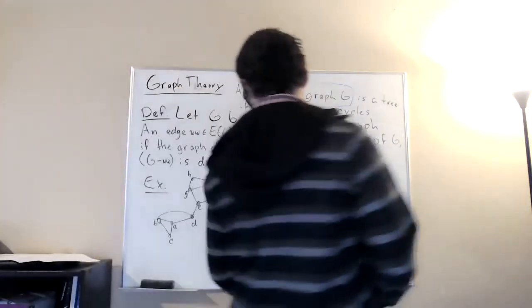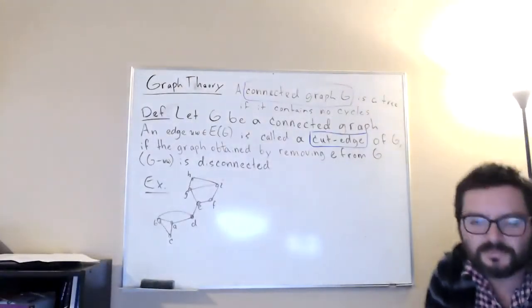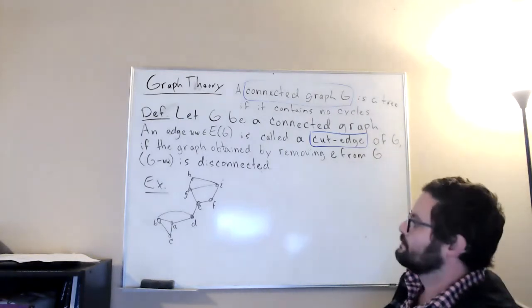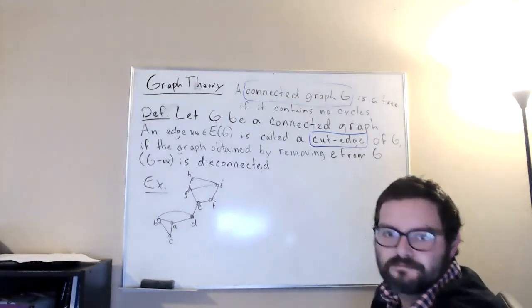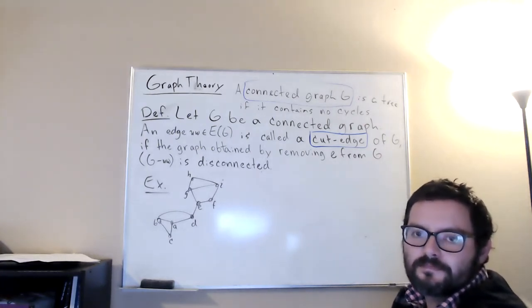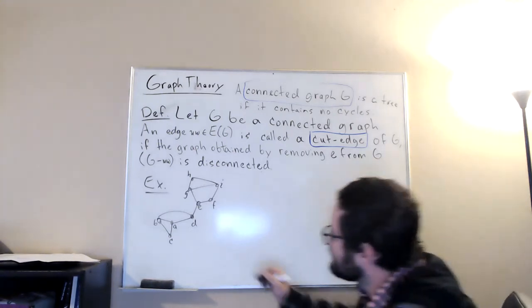So if this is your graph G, what is a cut edge in that graph? There's one. DE.